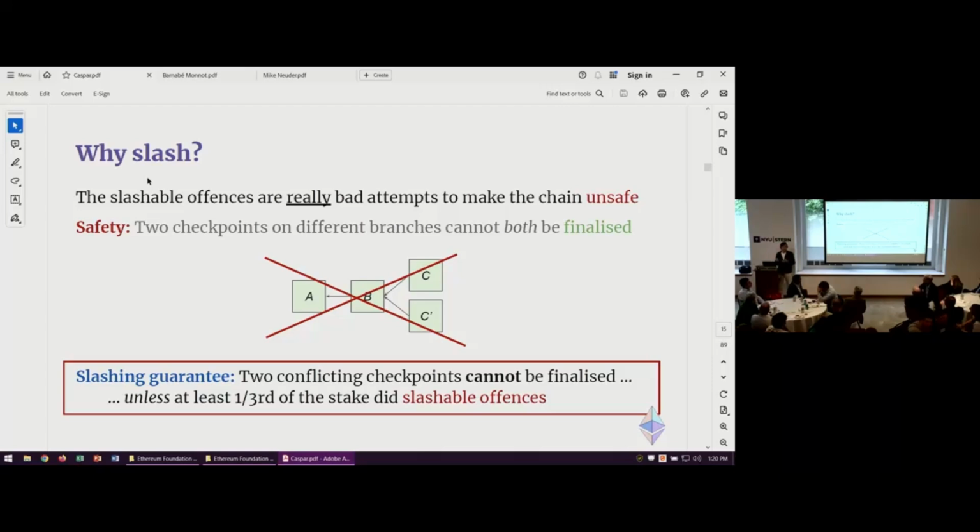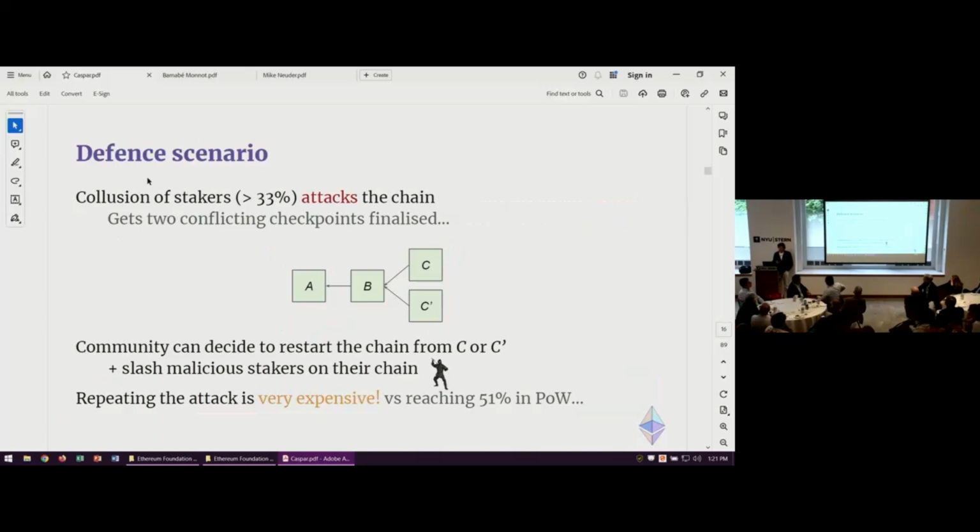So it's quite a hefty price to pay, with the caveat also that this attack you can only execute once. The point, again, is that it's very expensive and you can only do it once.